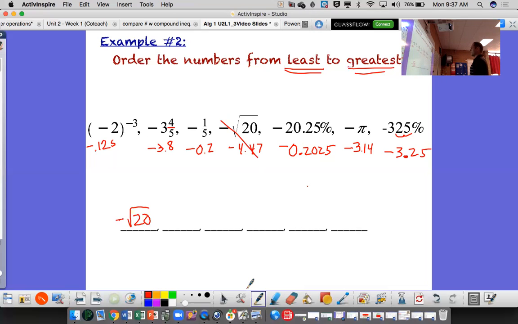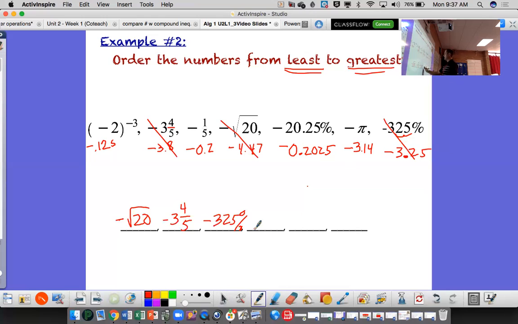Now I want the next up, biggest negative. The biggest negative is this guy, negative 3 4/5. Cross him out. We got to be careful here. The bigger the negative, so negative 325% would be next.